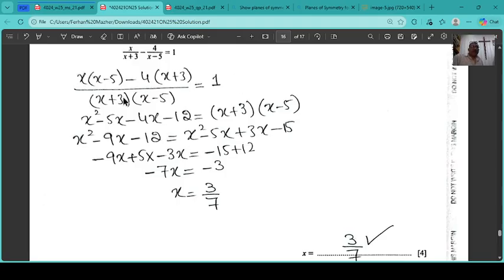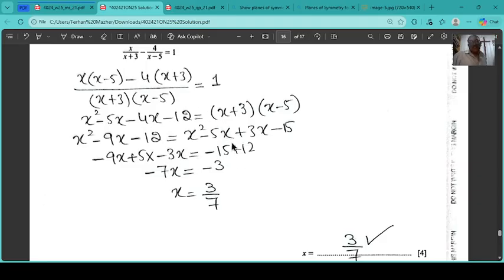And when you open these, you will have x squared minus 5x minus 4x minus 12 equals, when you multiply these two brackets, x squared minus 5x plus 3x minus 15. So here you will have x squared minus 9x minus 12. So you can bring the terms, x squared and x squared will be cancelled. So minus 9x plus 5x minus 3x equals minus 15 plus 12.